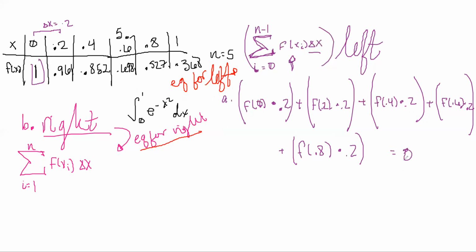Cool. This is 0.8076. And so that is going to be our estimate for the left-hand sum.